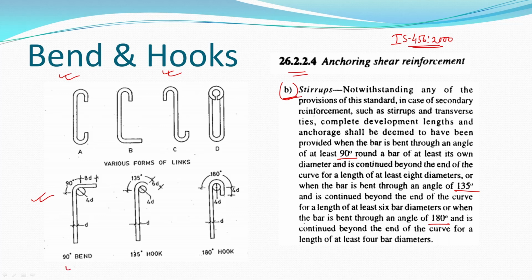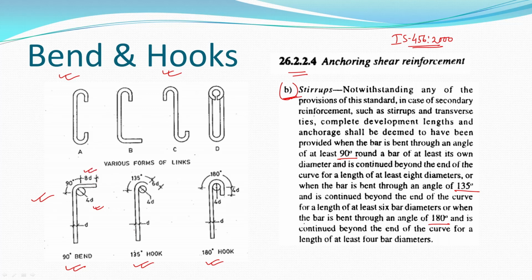Here you can see this is for the 90 degree bend, this is for 135 degree, and this is for 180 degree. For the first one, 90 degree, the specification that needs to be satisfied is a 90 degree bend around a bar of diameter not less than the stirrup diameter, here it is small d, with an extension of at least 8D. Here you can see this is the extension of at least 8D.